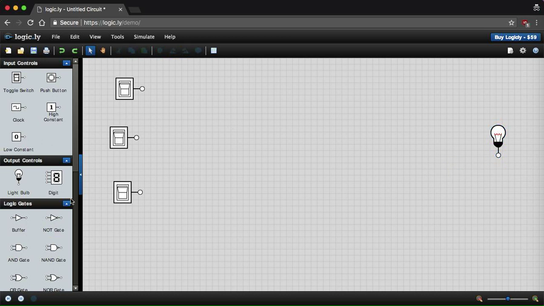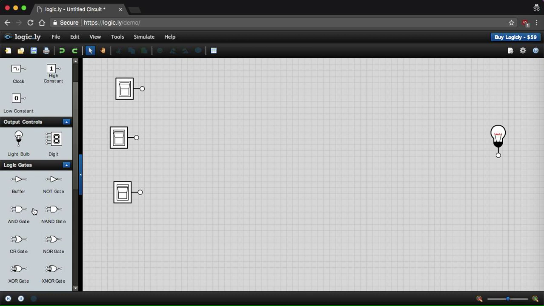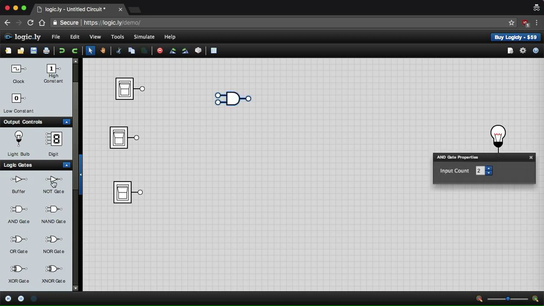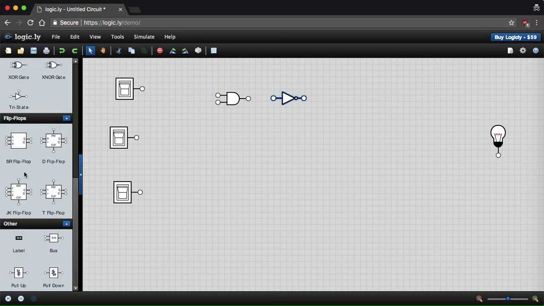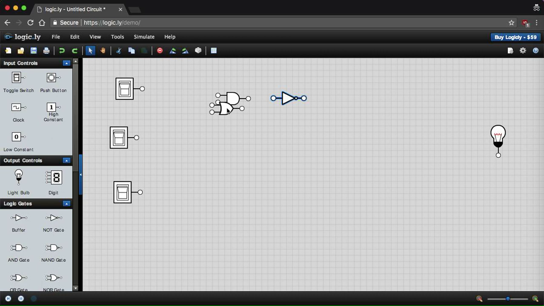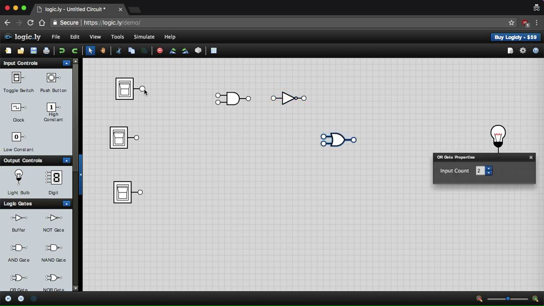So let me just briefly show you what it would look like if you connected some things together. Let's say I want to put an AND gate, and then later on a NOT gate, and maybe an OR somewhere in there too. I can just click and drag the nodes to feed into various gates.